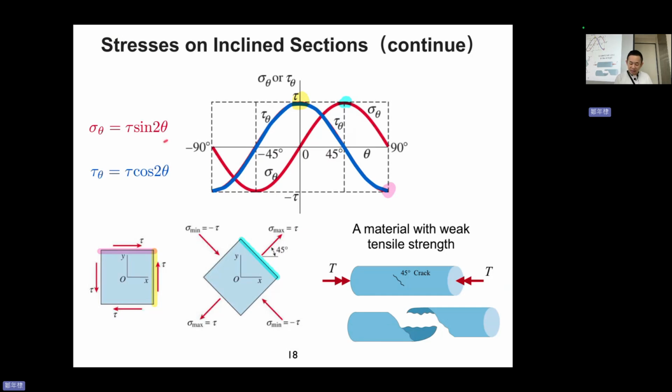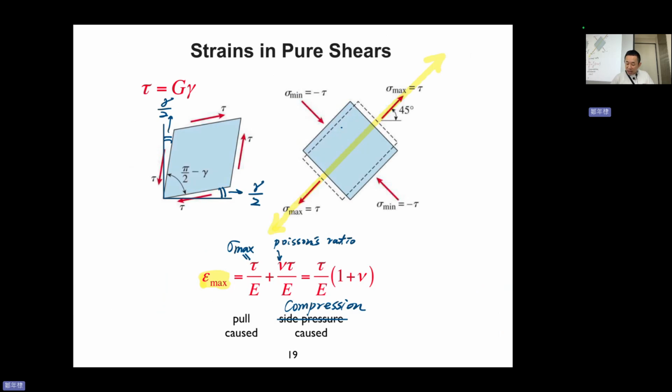We found that we have sine and cosine, so we have maxima or minima, and 45 degrees will be the maximum for pure torsion. So based on pure torsion, we can connect E and G together.